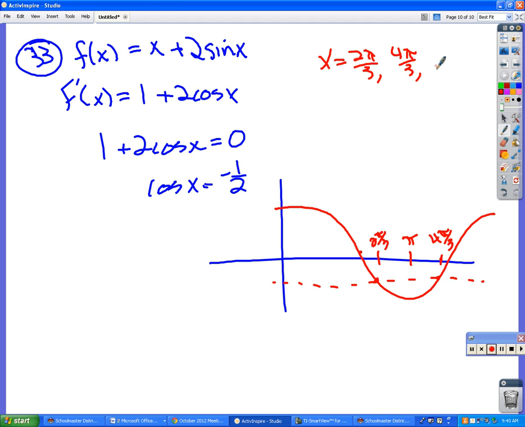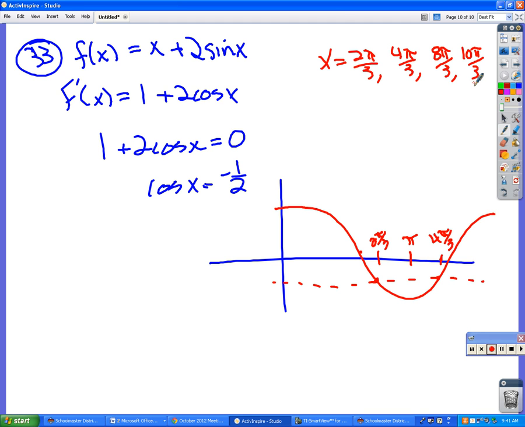If I add 6 pi over 3 onto 2 pi over 3, I get 8 pi over 3. And then if I add 6 pi over 3 onto this, I get 10 pi over 3.